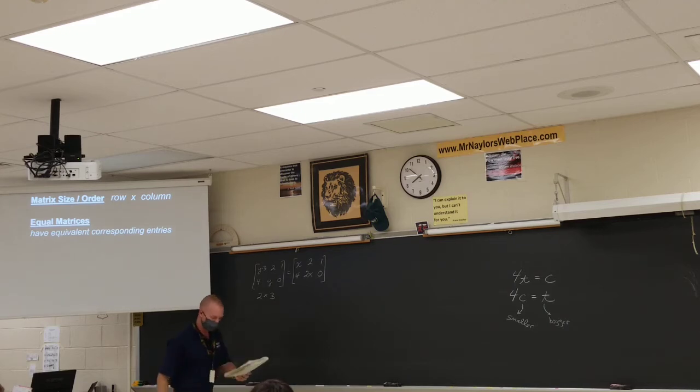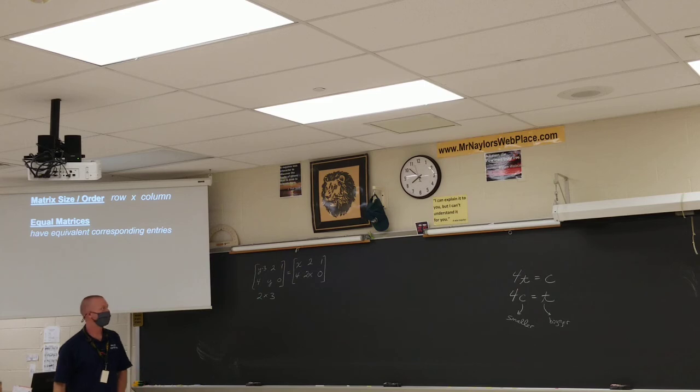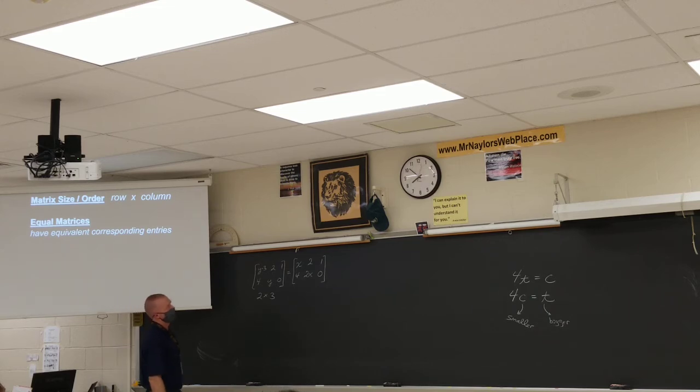So let's say that the matrix that we had hanging out up here is actually going to equal this matrix that has an x, a 2, a 1, a 4, a 2x, and a 0. We'll make this our first little example.